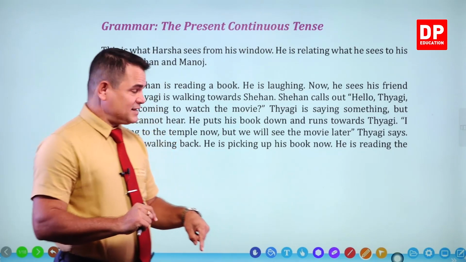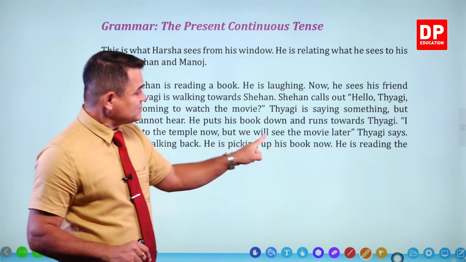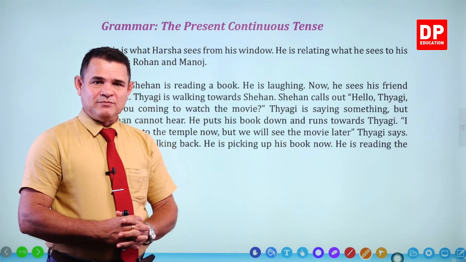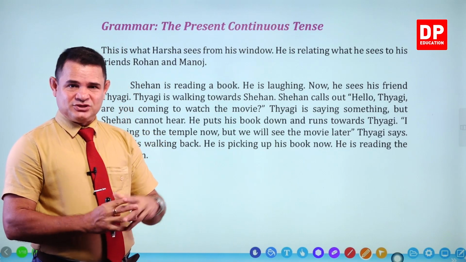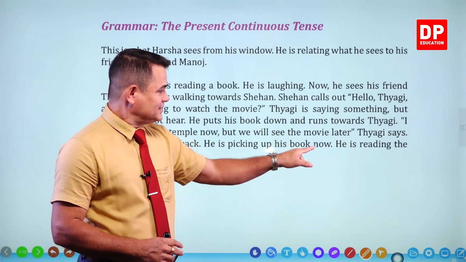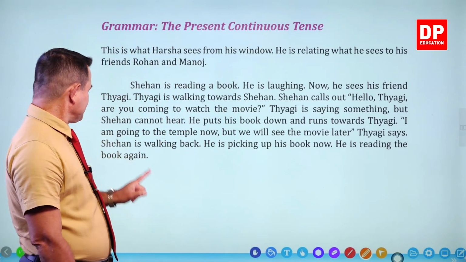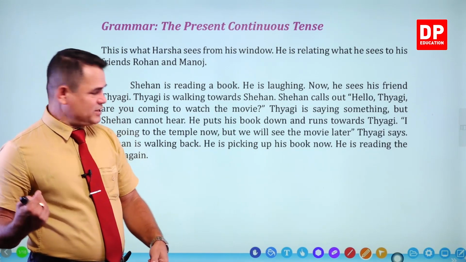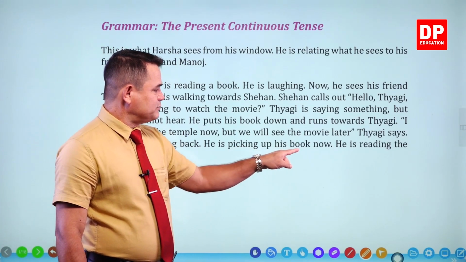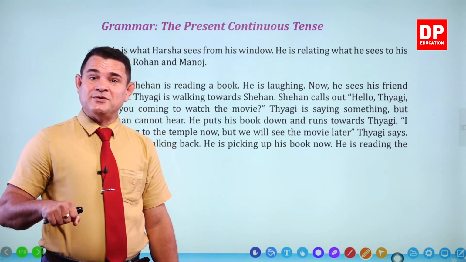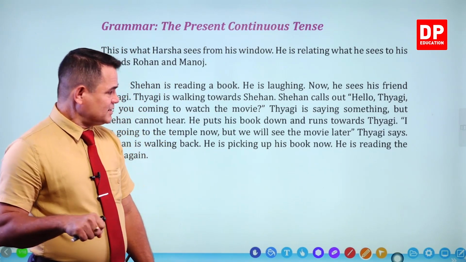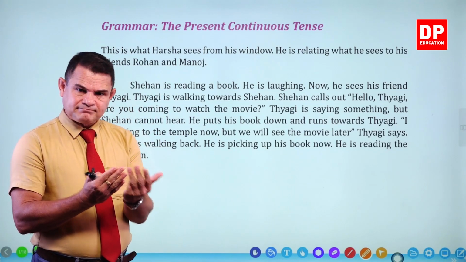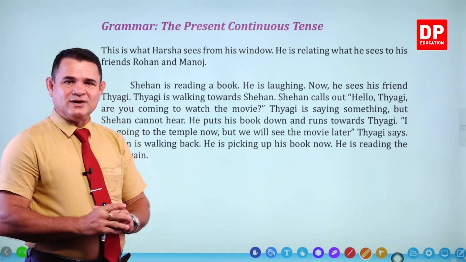But we will see the movie later. Tyagi says Shehan is walking back. He is picking up his book now. He is reading the book again.